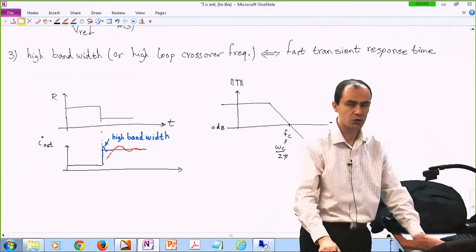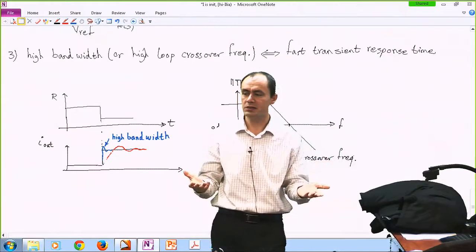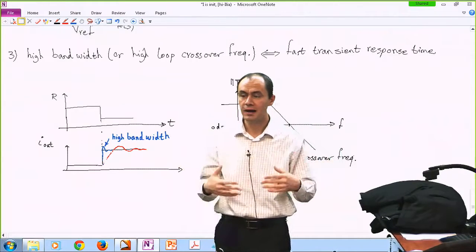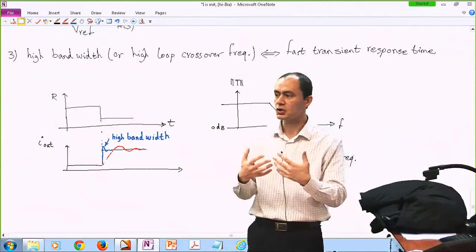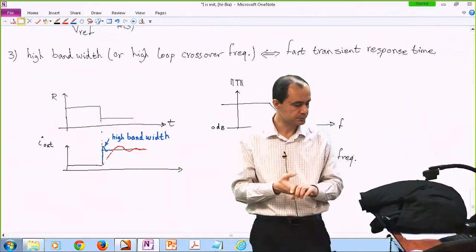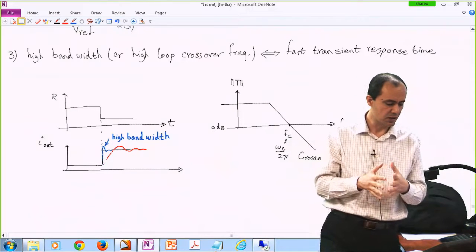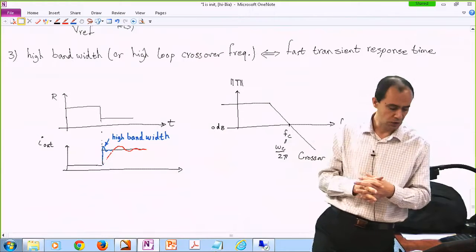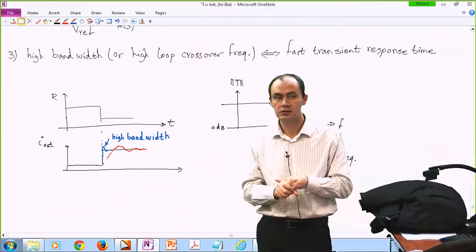Technically, the crossover frequency determines your bandwidth. The higher the crossover frequency is, the higher the bandwidth of your system is, and it responds to changes in a quicker way. Comparing on the left-hand side of the screen, I had a system with a higher bandwidth, in blue. For instance, the crossover frequency is, I don't know, 1 megaradians per second.